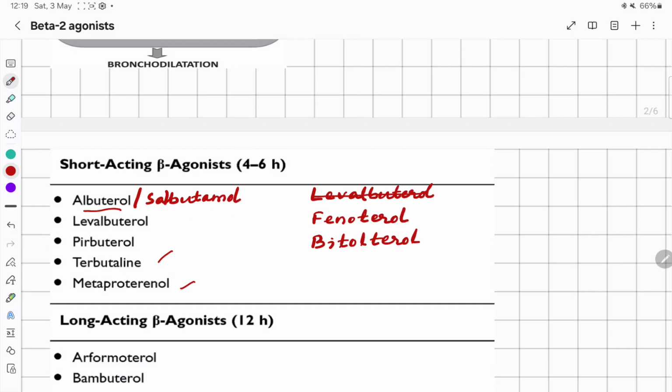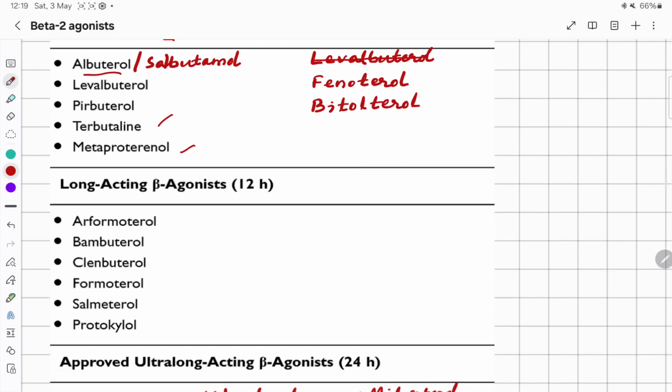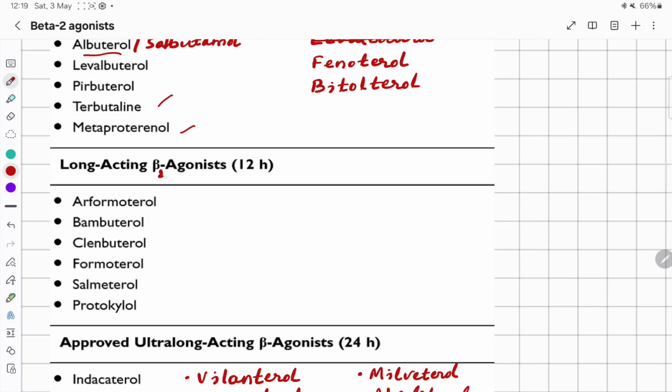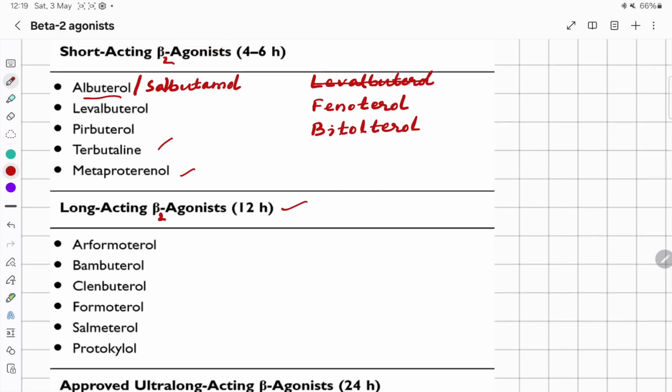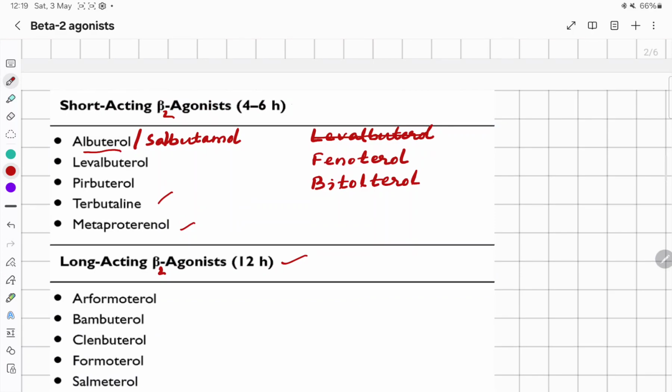These are short-acting beta-2 agonists, with a duration of action of only 4 to 6 hours. For long-acting beta-2 agonists, the duration of action is 12 hours.